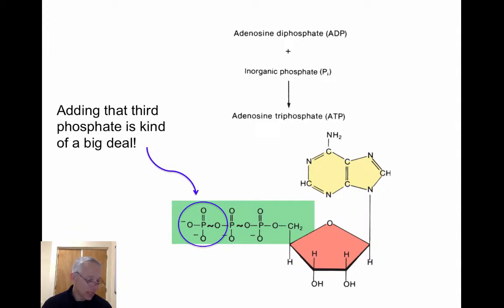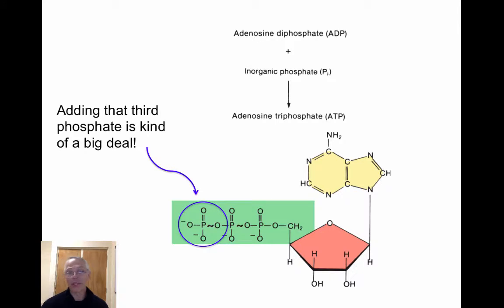ADP and ATP are things that most of you have probably heard of. ATP is the energy molecule, the sort of energy currency that living things use to drive lots and lots of cellular processes.